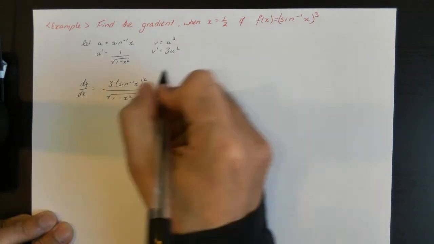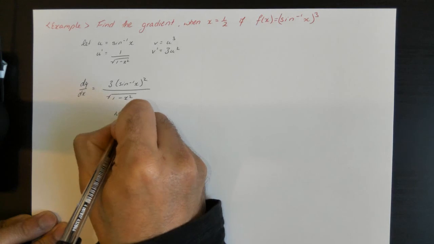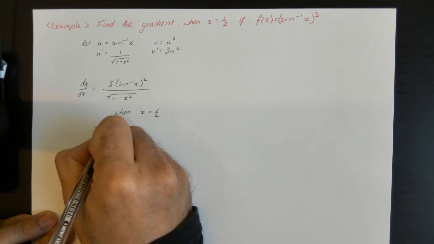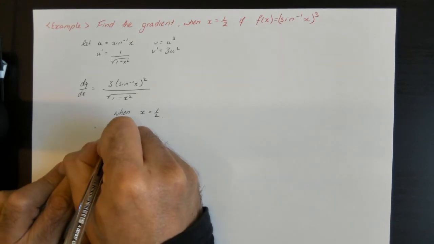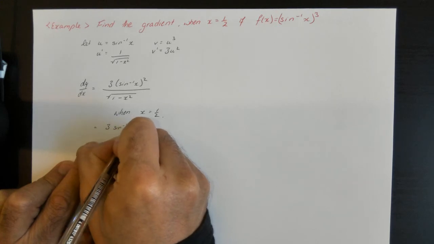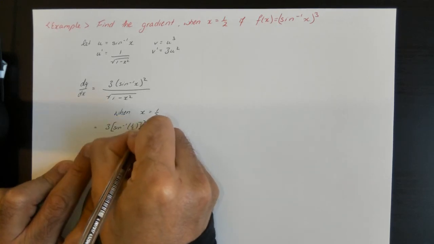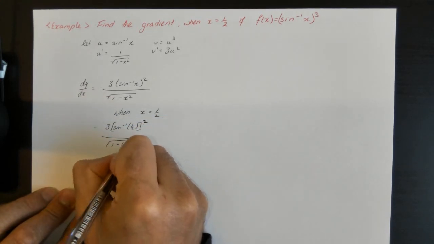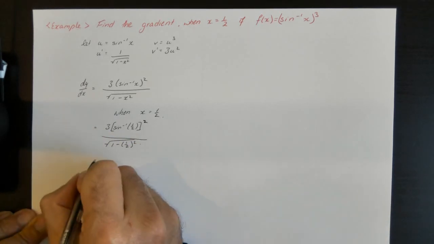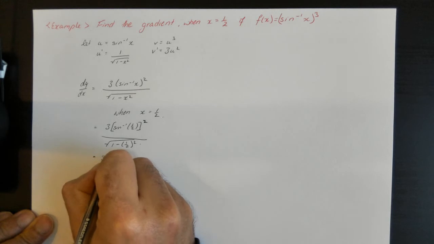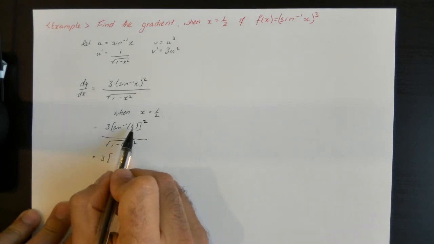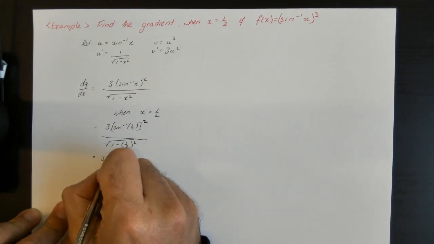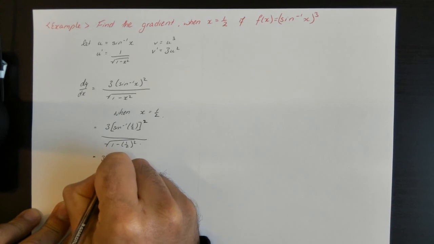We want to find the gradient, so when x equals a half, we have 3. What I'll do is I'll do inverse sine of a half. We square that. And 1 minus a half squared. Inverse sine of a half is, opposite is 1, hypotenuse is 2, so that's pi on 6.